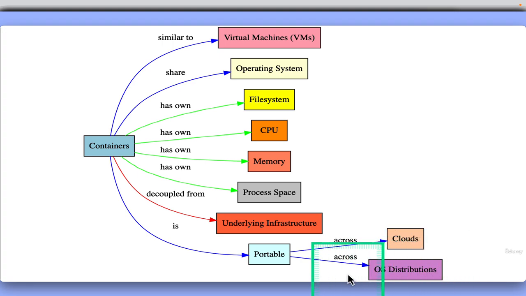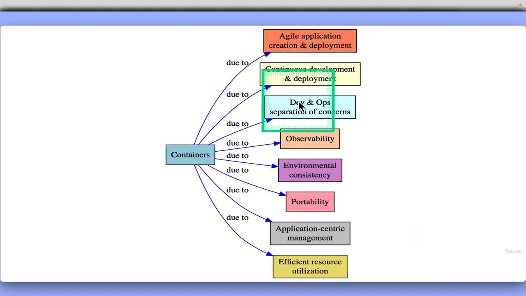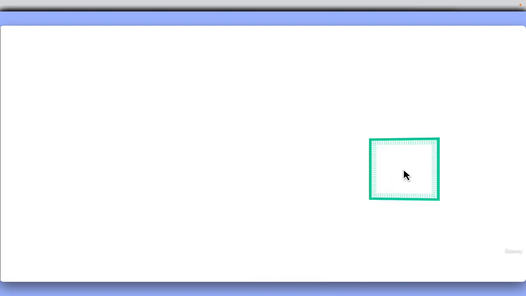It doesn't matter whether you go from Windows to Unix or some version of Red Hat Linux, CentOS, or you run on your local computer like Windows Server or a Mac. Containers got adopted due to agile application creation and deployment, continuous development and deployment, DevOps, observability, environmental consistency, portability, application-centric management, and efficient resource utilization.